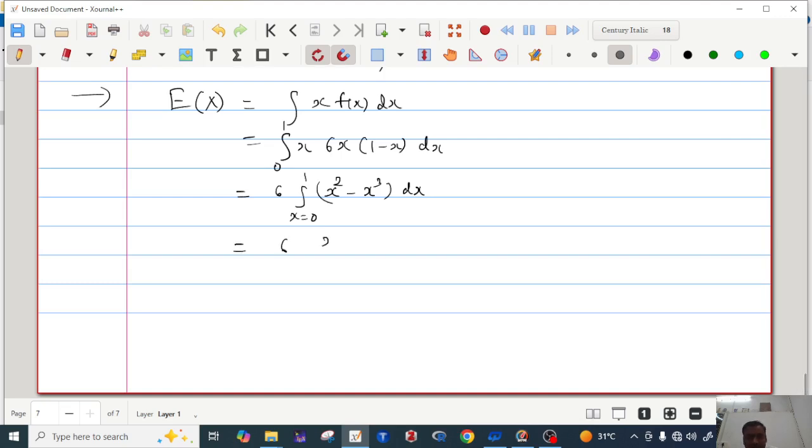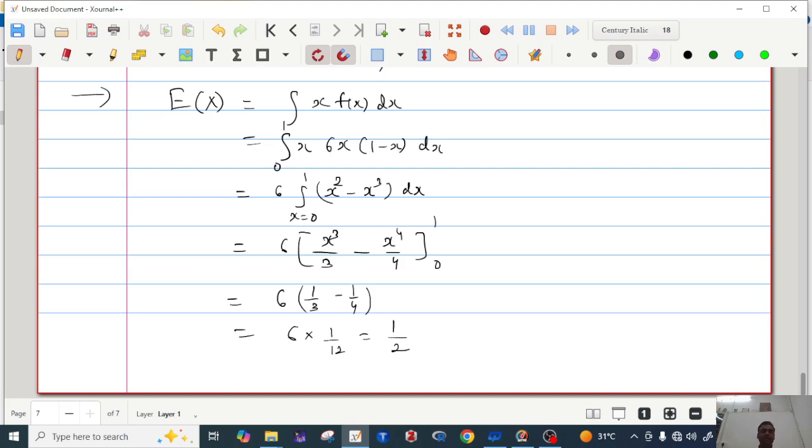The integration of x square is x cube by 3 and of x cube is x to the 4 by 4. Plugging in the limits, we get 6 into (1 by 3 minus 1 by 4), which is 6 into 1 upon 12. So we get the value of E of x as 1 upon 2.